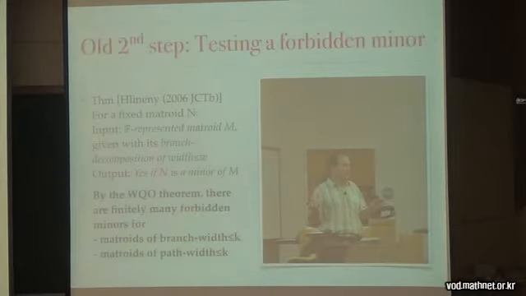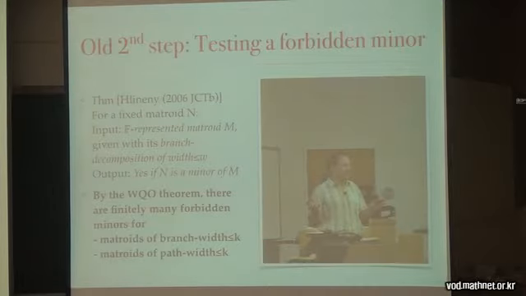That's one ingredient in his paper. There's another ingredient in his paper, which answered the second step. For any fixed matroid N, you can test whether or not your input matroid contains N as a minor. You fix N. Then whenever you are given a new matroid M, you can decide whether or not it contains N as a minor if this input matroid has small branch width and comes with a decomposition tree.